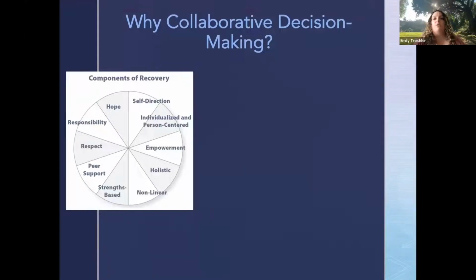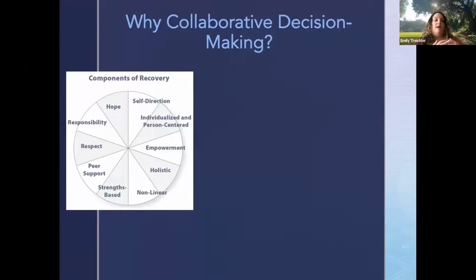The recovery model was developed by people with serious mental illness who saw that the medical model, which focuses so much on symptom remission, didn't really work for them. They had that much more complex presentation, much longer duration of symptoms, where focusing just on symptom remission wasn't going to work for them. And they needed a model that was much more driven by their own goals and by having that quality of life, that personal meaning, that empowerment.